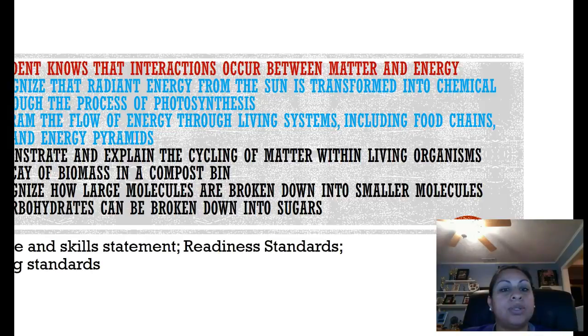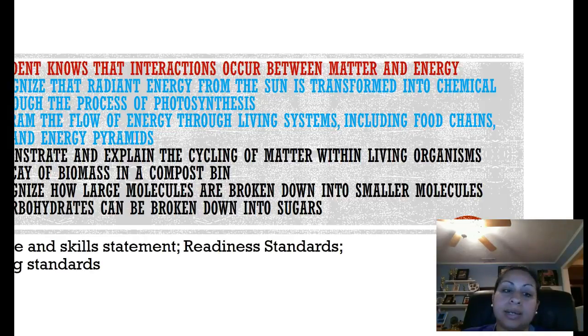It says that the student knows that interactions occur between matter and energy. 7.5a and 7.5c, these are the readiness standards. A says, recognize that radiant energy from the sun is transformed into chemical energy through the process of photosynthesis. And then C says, diagram the flow of energy through living systems, including food chains, food webs, and energy pyramids.